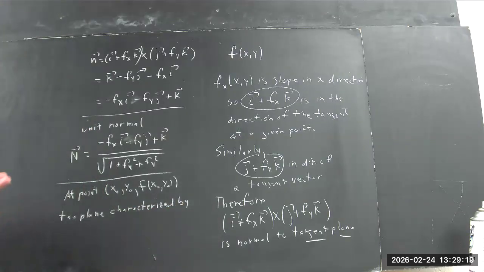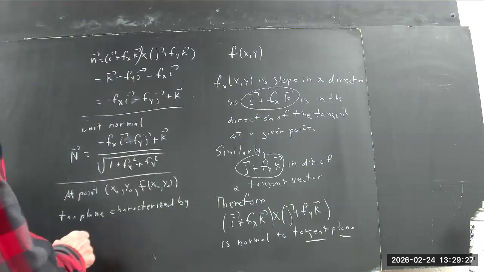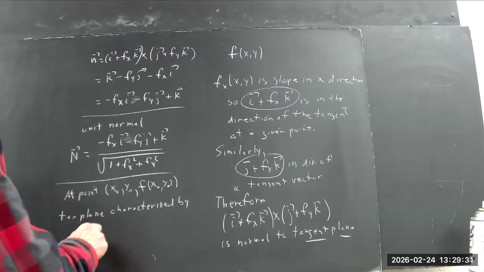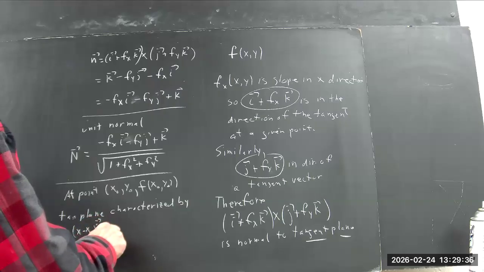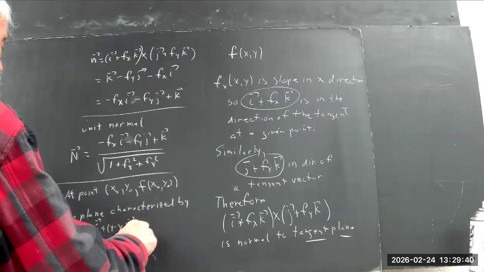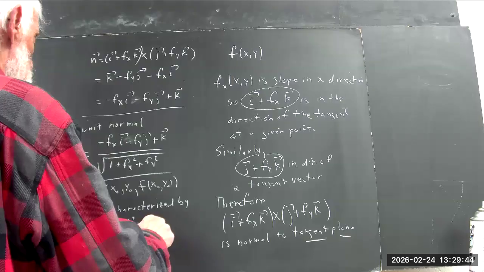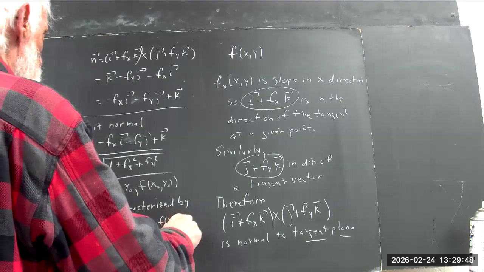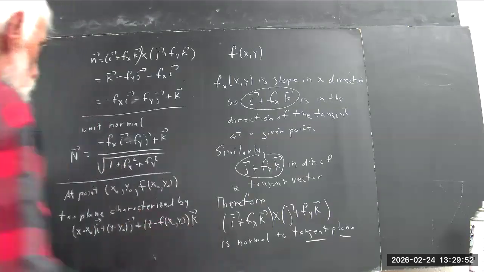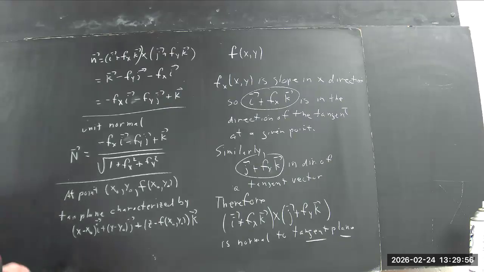The tangent plane, and I'm going back to the reason the tangent plane is what it is, is characterized by the fact that this is the vector from x naught, y naught, f of x naught, y naught to the arbitrary point x, y, z.